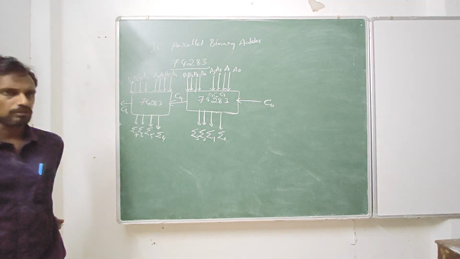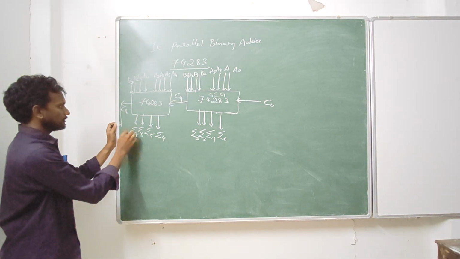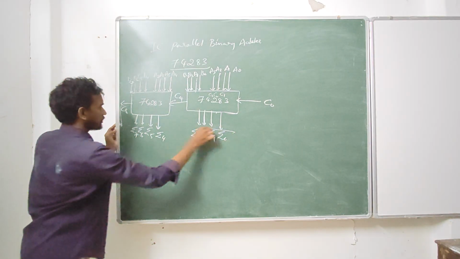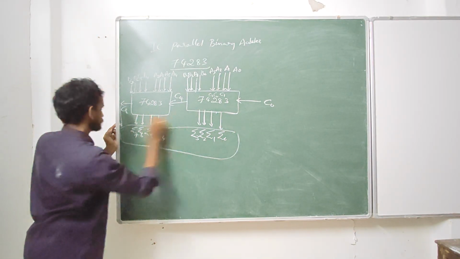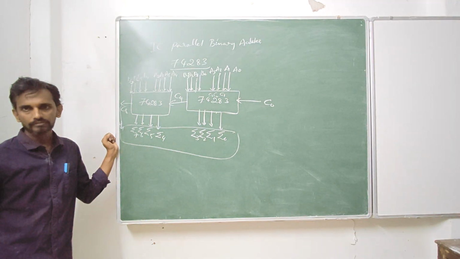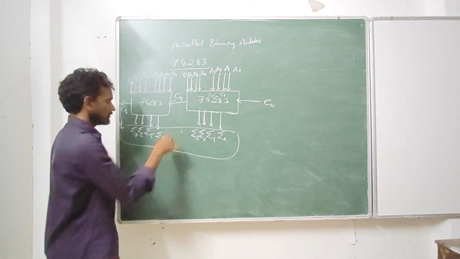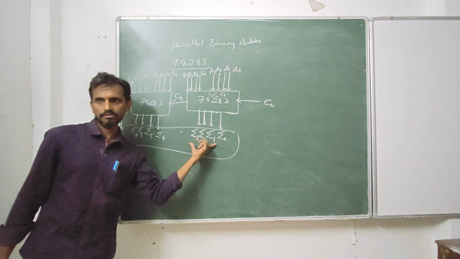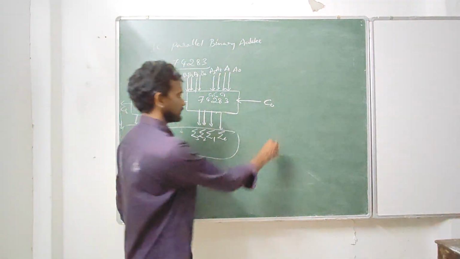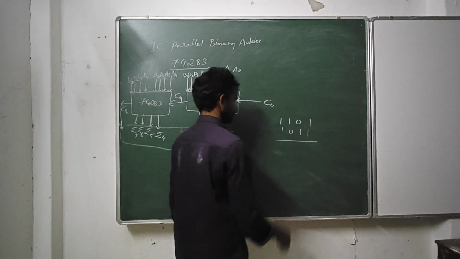So if your number ends here, your C8 will be added at the end, and this is your total result including C8. If your number has only 4 digits including C4, this is your result. That is what I have seen here. Let's say 1101, 1011.